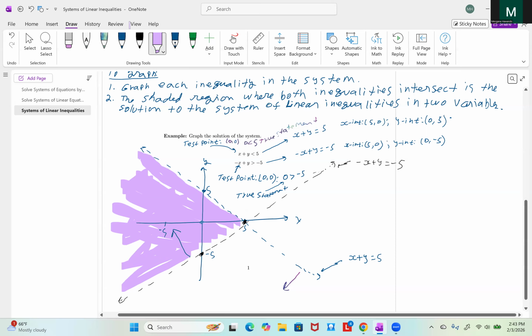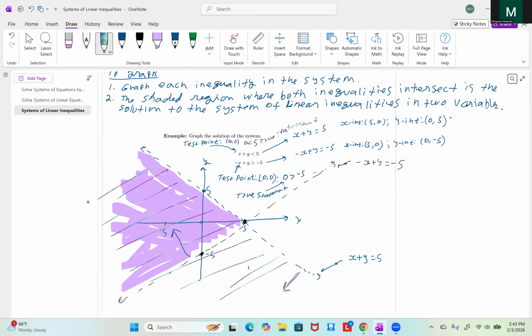If we shade for the first line, the arrow indicates the side of the plane that we shade. So we would have shaded this here. And for the second line, this arrow shows the side of the plane that we shade. So we would have shaded this region like this. The two shaded regions intersect where we have the purple marker.